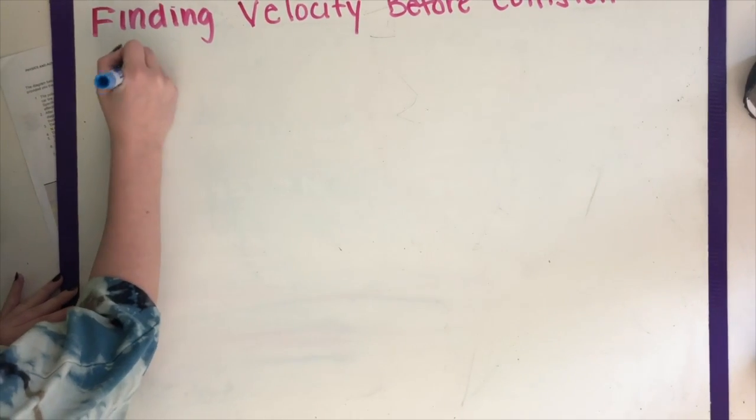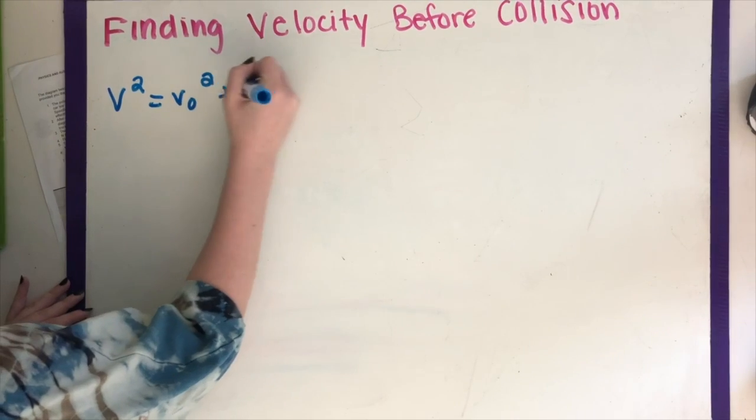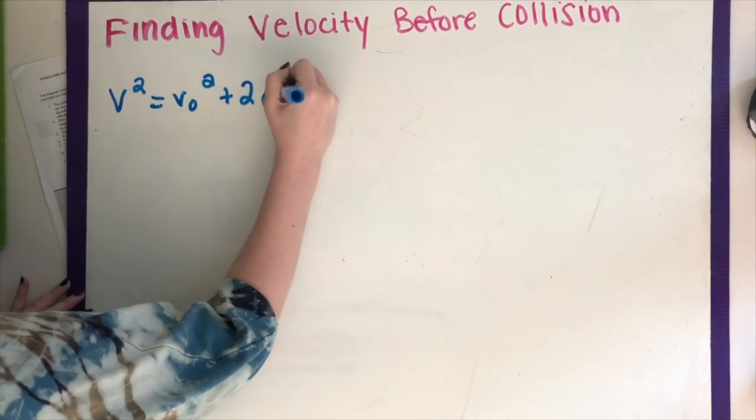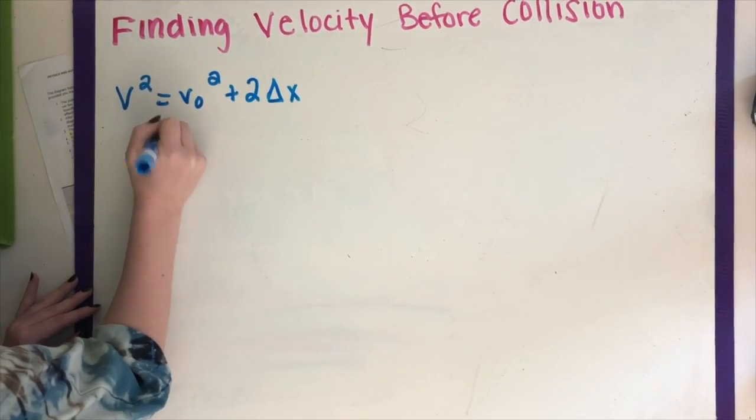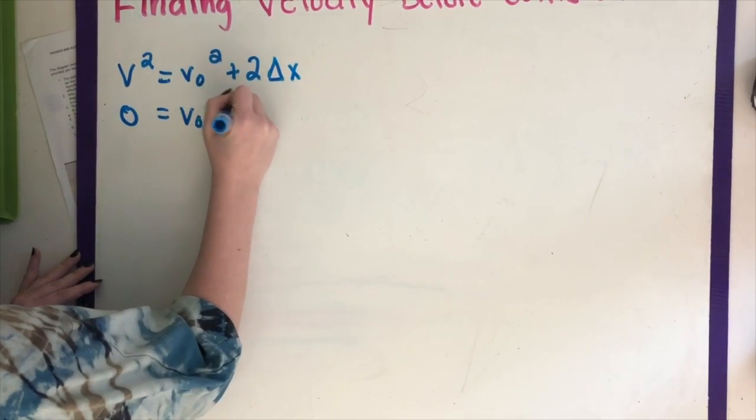Now we will move on to finding the velocity before the collision. We will use the kinematic equation v squared is equal to v naught squared, which is the initial velocity squared, plus 2 times acceleration times the change of x.